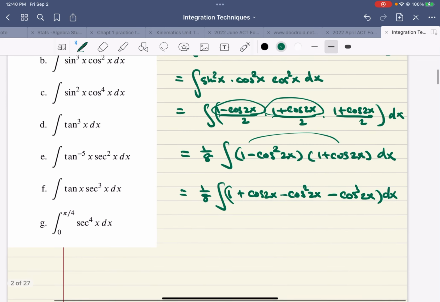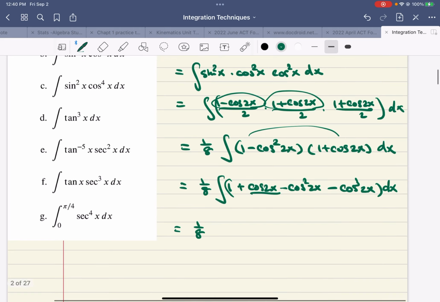Now, first one is just 1 over 8. And then this one, if you use the chain rule backward, then you're gonna say 1 over 16, because 8 times 2 is 16, and then sine 2x.